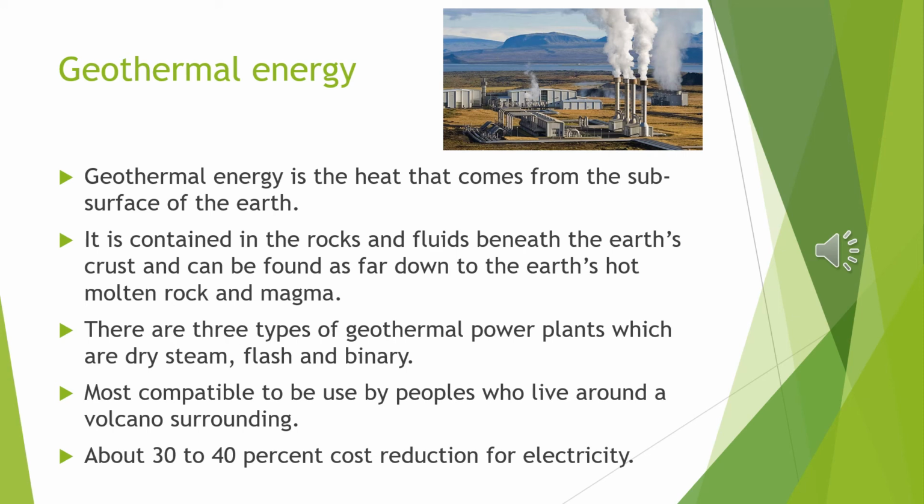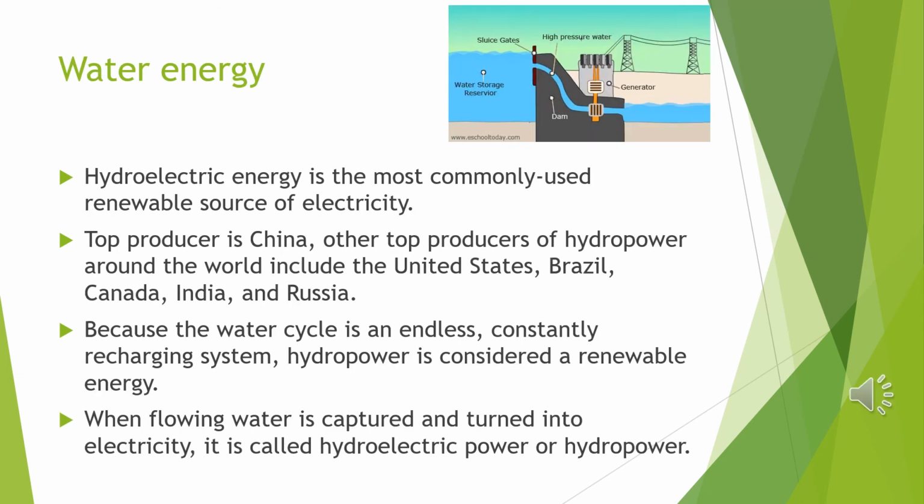It is most compatible to be used by people who live around a volcano. About 30 to 40% cost reduction for electricity if this kind of energy is used to replace fossil fuel that produces electricity. Last but not least, there is also water energy.